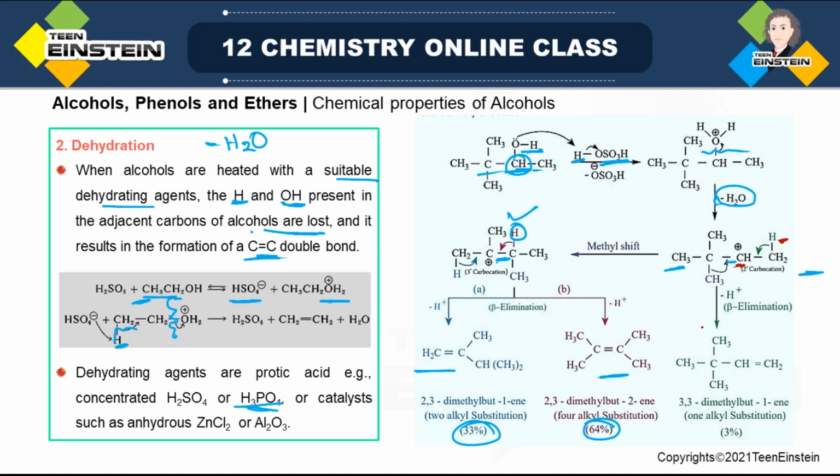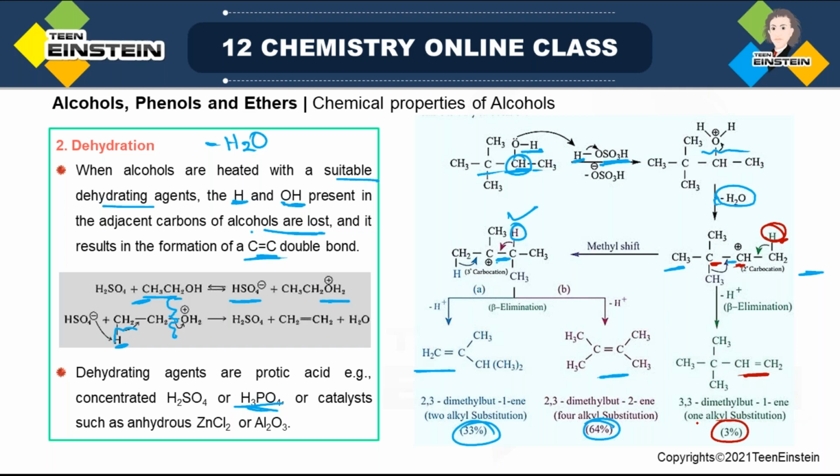Actually only one type of beta hydrogen is present, because on the other beta carbon there is no hydrogen attached. So you can remove only this hydrogen. After this removal of this H, there is double bond formation. But see, it is very, very minor, 3% only.